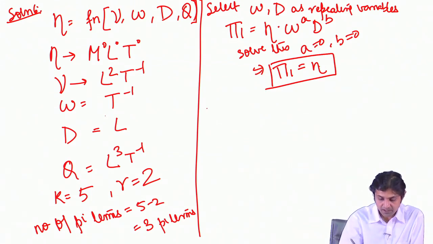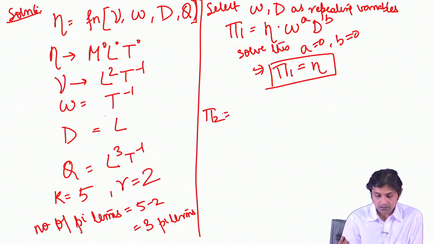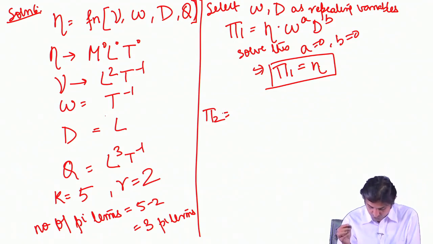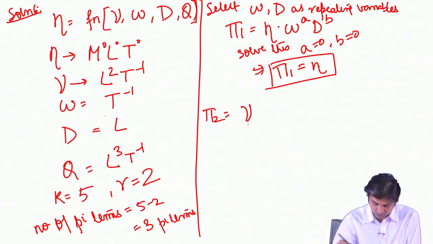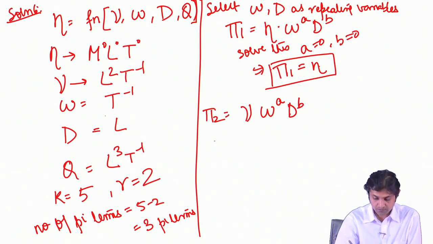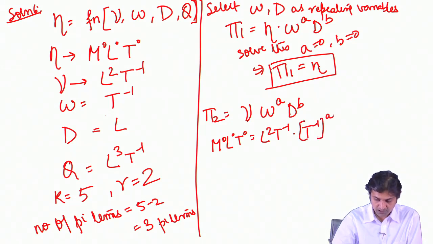Now, the second pi term will be the leftover. So, we can choose the non-repeating variable. One we have already chosen, eta, as the non-repeating variable. The second will be nu. All right. Nu, omega to the power a and d to the power b, or in other terms we can write M to the power 0, L to the power 0, T to the power 0 is equal to L square T minus 1 into T to the power minus 1 whole power a, and d is L to the power b.